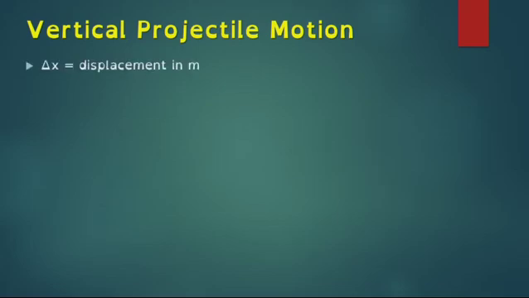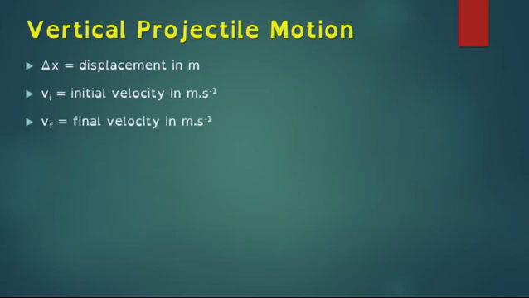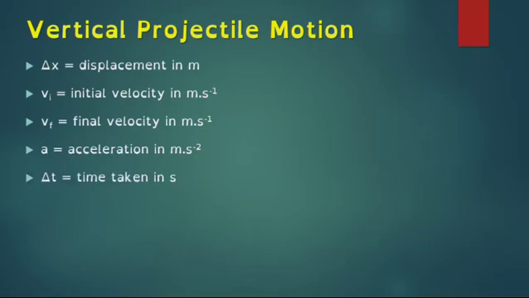Just quickly, these symbols: delta x is displacement or change in position, and that always has to be in meters. Vi is our initial velocity in meters per second. Vf is our final velocity in meters per second. a is acceleration in meters per second squared.